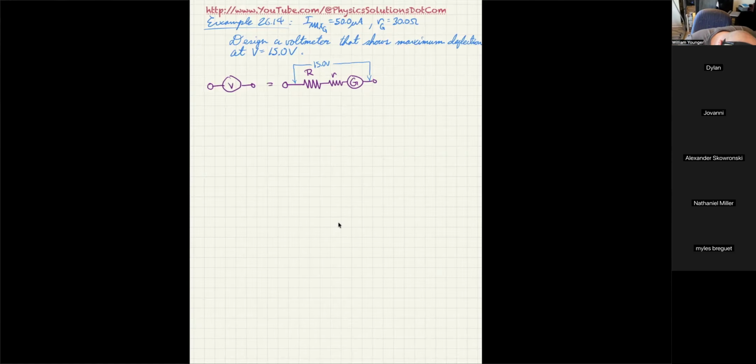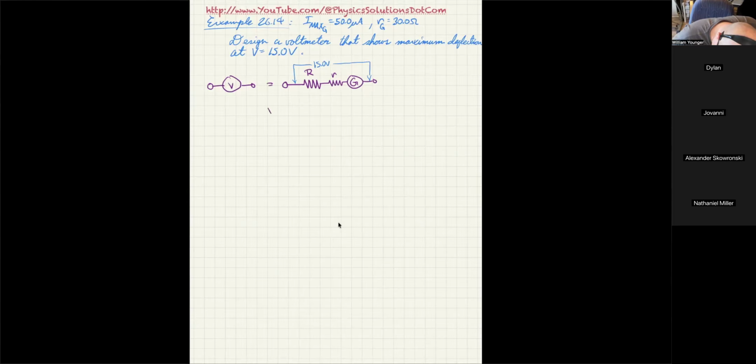So we can just use Ohm's law, V equals I times R, and the fact that resistors in series add. So 15.0 volts is equal to I, which for full deflection at 15 volts needs the whole 50 microamps going through there.